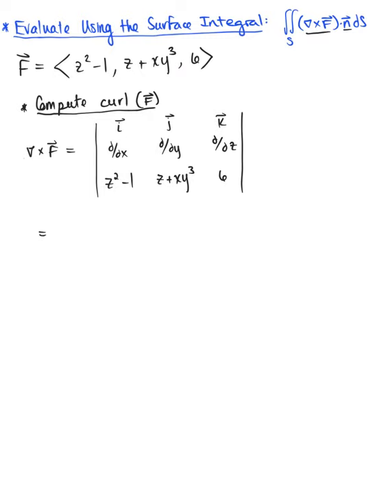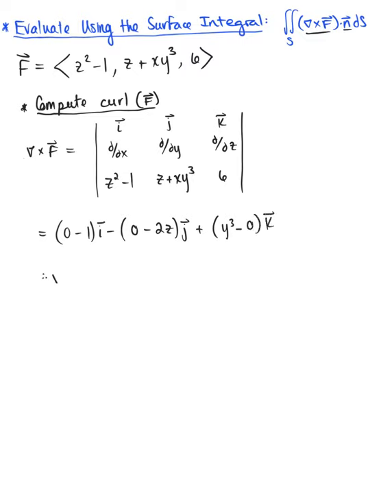And by the cross product, we are left with (0 minus 1) i hat minus (0 minus 2z) j hat plus (y cubed minus 0) k hat.